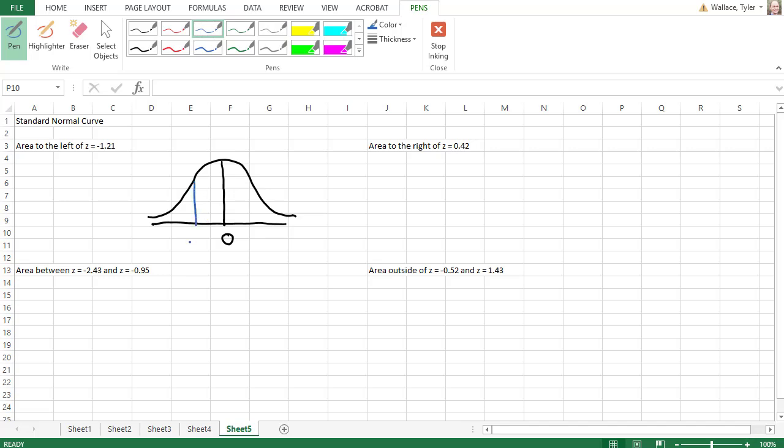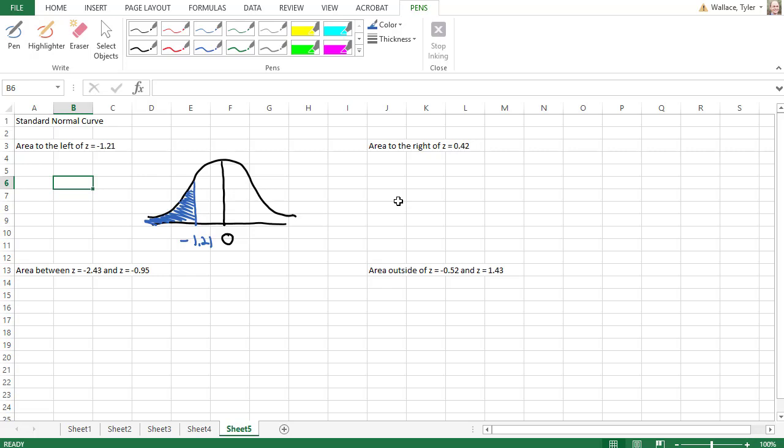Because it's negative, I know it's to the left. I'll shade that area to the left. Now, if you remember, the command in Excel always gives the area to the left of the z-value, which is exactly what we're looking for here.